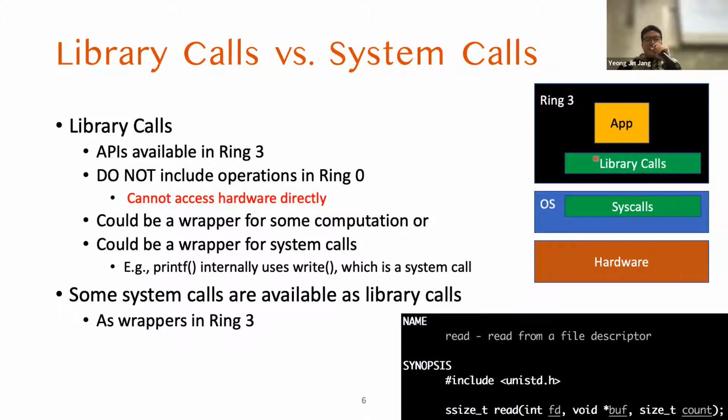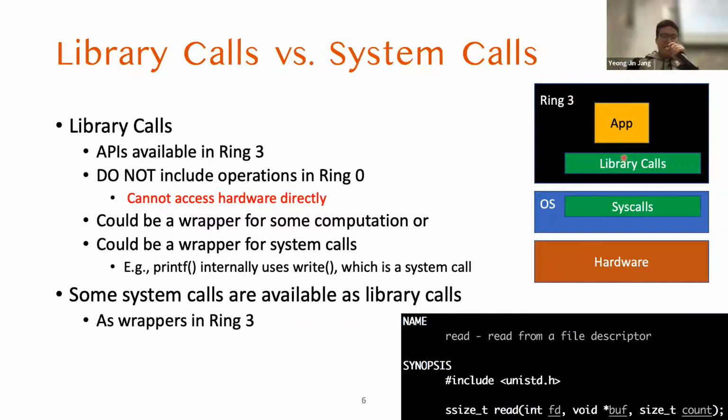Library calls, as I explained, are included in the Ring 3 space, basically within the user process's virtual memory space. A Ring 3 application can freely access that, and can even modify the content of the library calls. They can even overwrite the printf function and change it to do something else. That's totally possible because that's their own program.